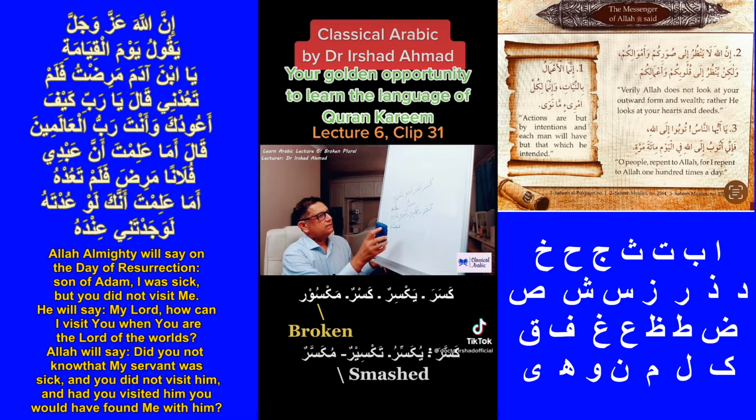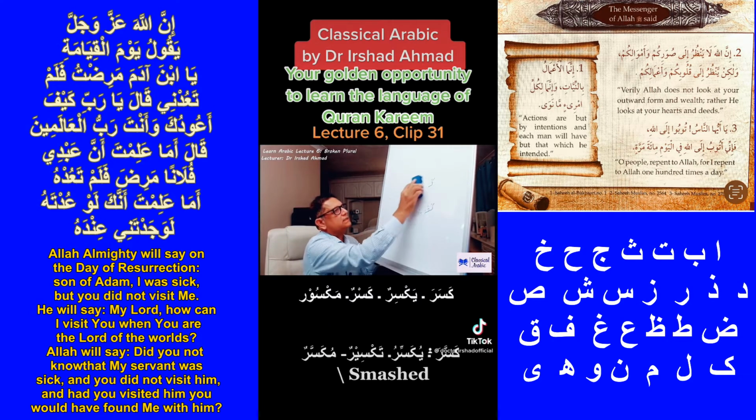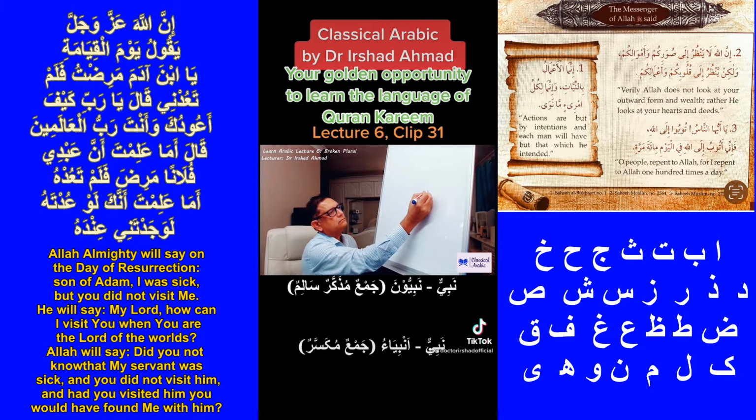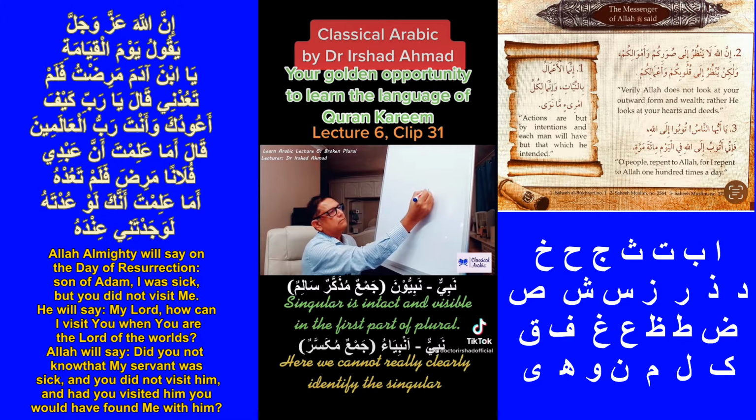There is one word which you're very familiar with, and that's Nabi, Nabiyun. Nabiyun has two plurals, Salim as well as Mukassar. So Salim will be on the pattern of Nabiyuna.